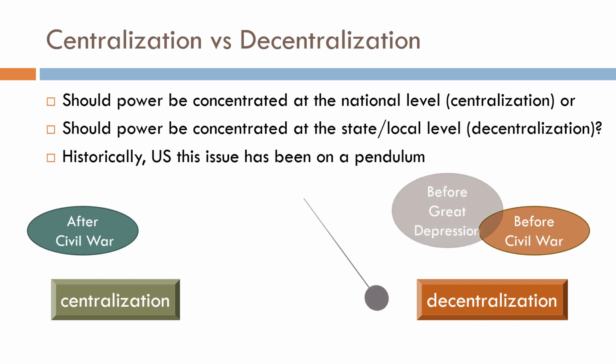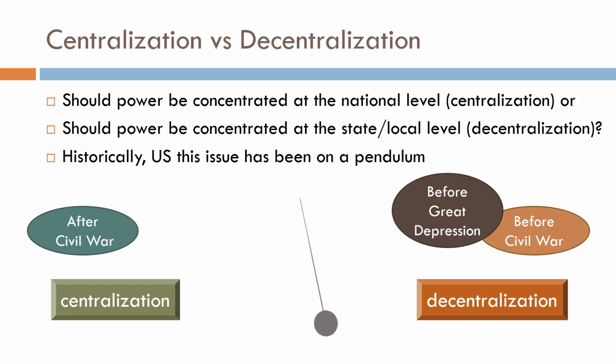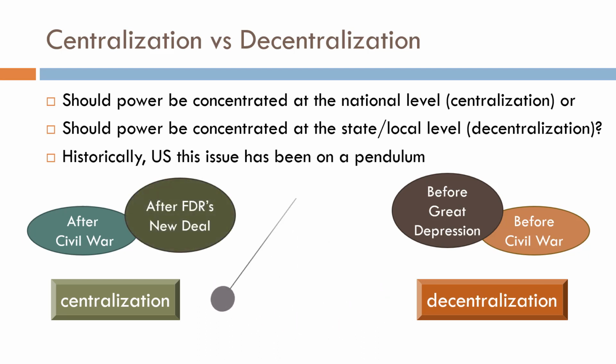the states. And then before the Great Depression, we had swung back to a little bit more decentralization, but then definitely after, when trying to address the Great Depression with Franklin Delano Roosevelt's New Deal, the pendulum swung back to centralization because the federal government was taking responsibility for the economic turmoil that the country was in at the time.